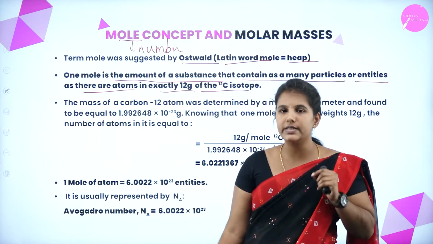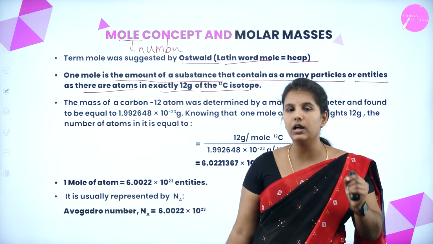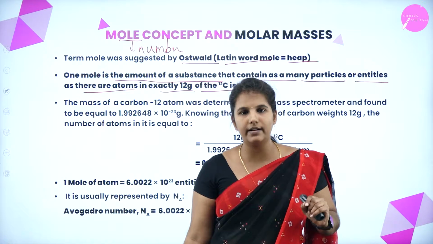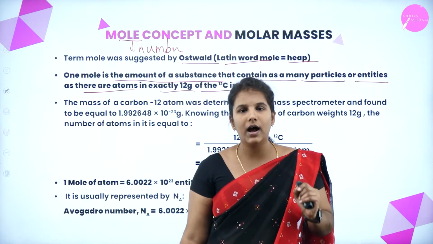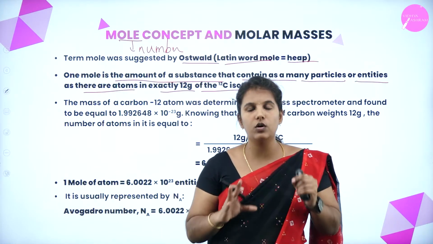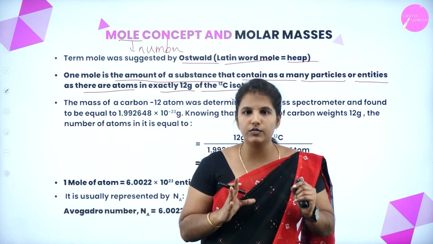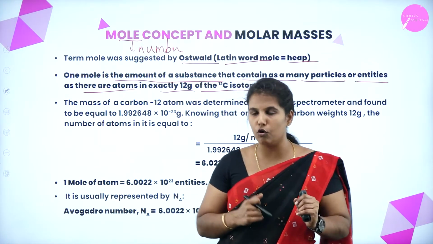For that, the scientific community uses carbon-12 as one of the standards, as we have already learned in atomic masses. Here also they have used carbon-12 as a standard to measure the mole.